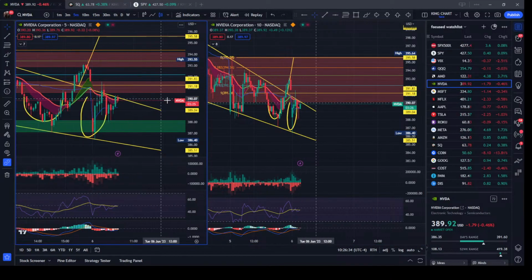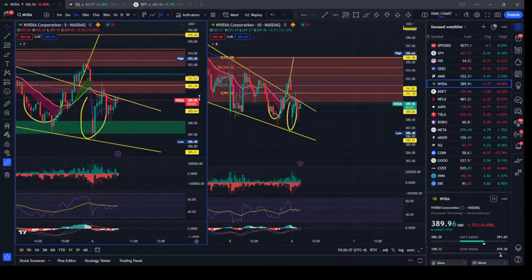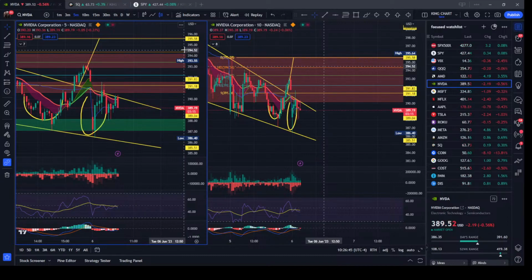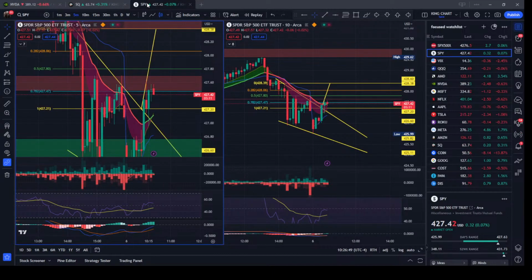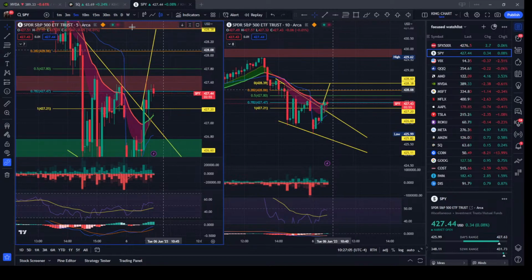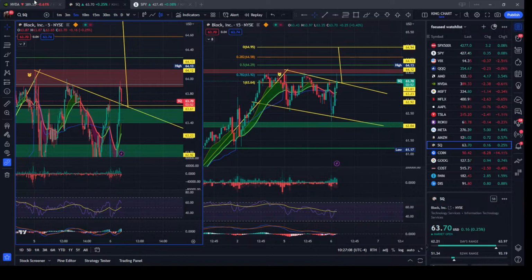Wow, another rejection on the video. Jesus, this doesn't want to break. Square is retesting the bull flag.